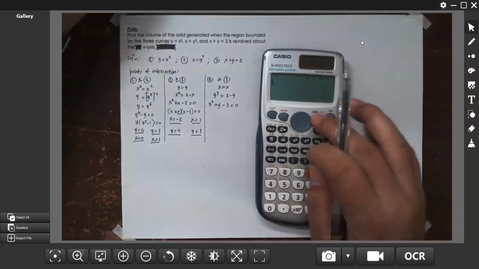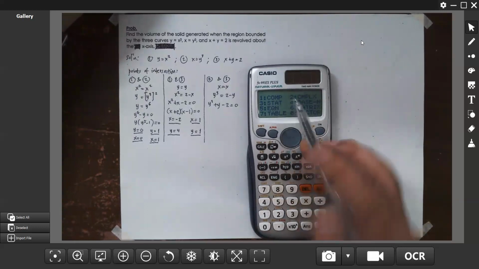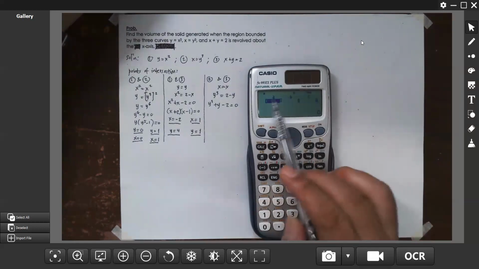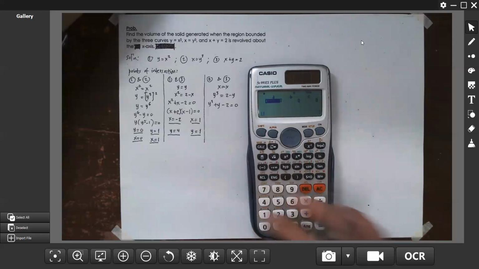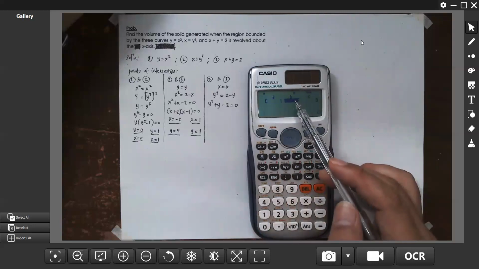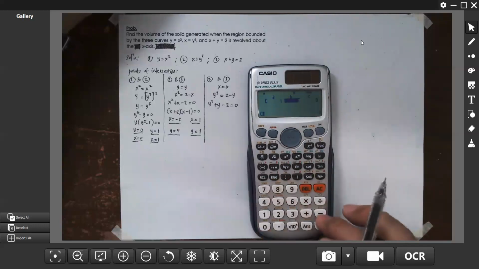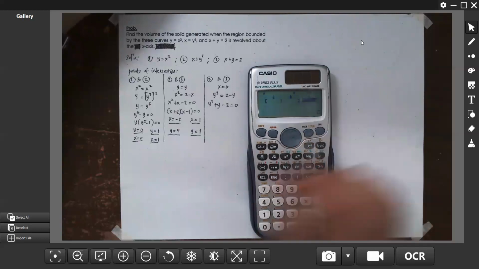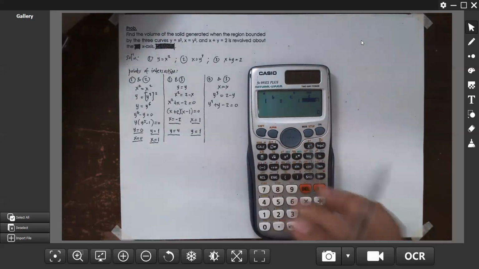So let us use the calculator. We have mode 5 equation and then cubic, and input A, B, C, D. A is the coefficient of the cubic term, in this case 1. B is the coefficient of the squared term. In this case, we don't have any squared term, so B is 0. C, the coefficient of the first degree term y, is 1. And D is the constant, negative 2.